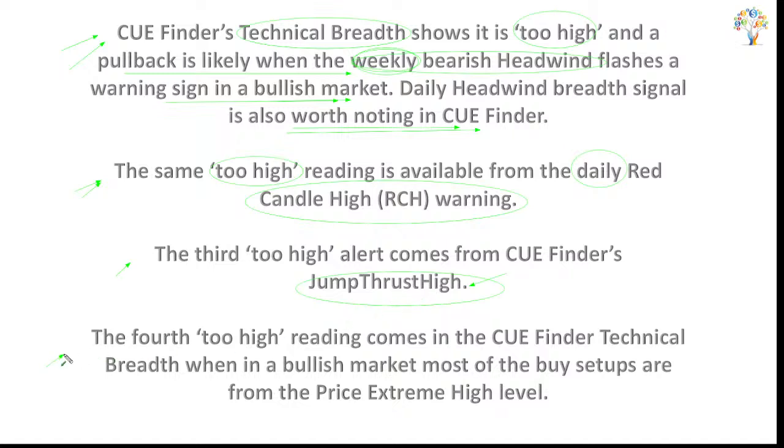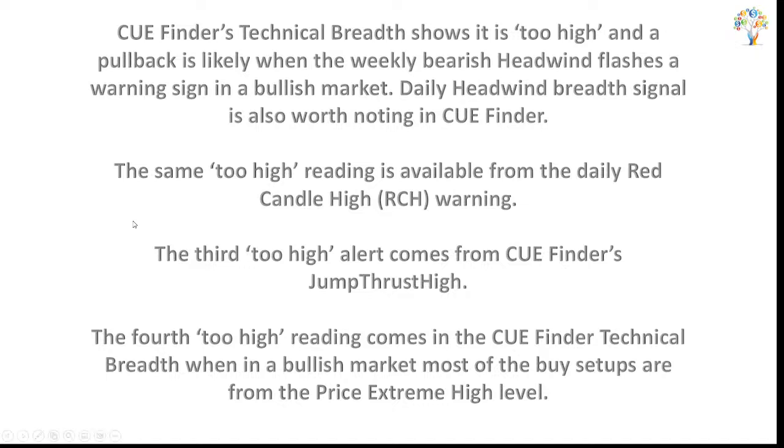And there is a fourth way to know too high from Q Finder, that is when in a bullish market most of the buy setups come from price extreme high. So Q has many ways of knowing too high, too low from multiple angles, and Q Finder is one product that has 4 different ways of telling when it is getting too high or too low.